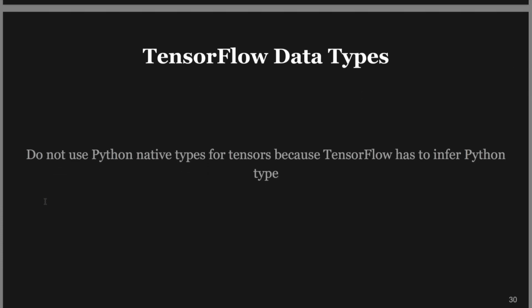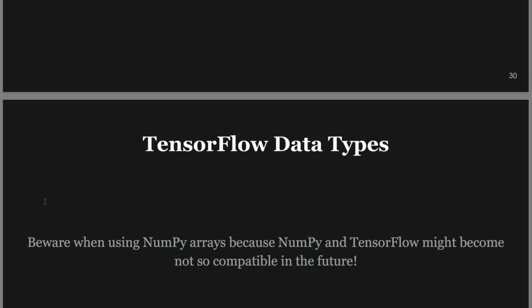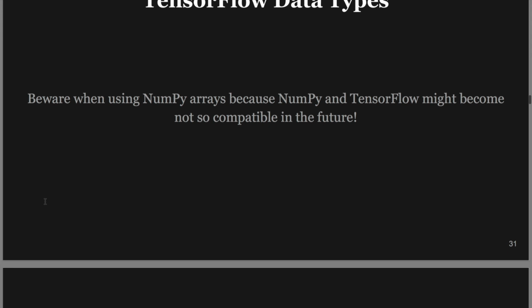It's a good idea to just use TensorFlow types, the list that we saw earlier, for tensors, because otherwise TensorFlow would need to go through an additional layer of inference to figure out the Python type. And also, these are two different projects. NumPy is one, TensorFlow is a Google thing, and they might start diverging at one point or the other. If you stay in the TensorFlow world, your code is still going to keep on working when that happens.